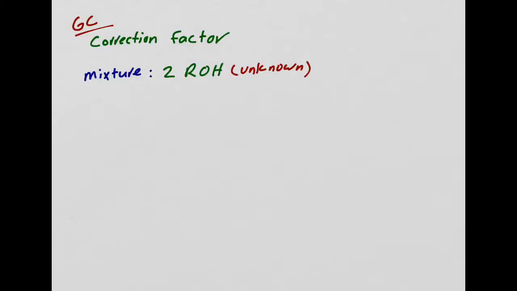Okay. So the first thing that we are going to do is inject a reference sample. So before we inject your mixture, which has 2 alcohols in it, and you don't know what those are, you don't know the percentage of it, we are going to inject a reference sample. Now, here's the thing about this reference sample.